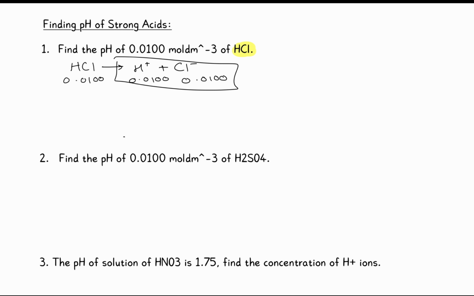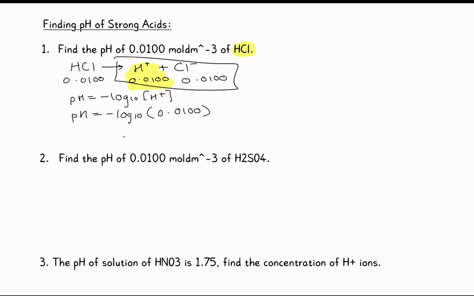Now, I can put pH equals minus log 10 of my hydrogen ion concentration. Do I know my hydrogen ion concentration? I do. My hydrogen ion concentration is 0.01. So I do pH equals minus log 10 of 0.01. Make sure to get rid of the square brackets.